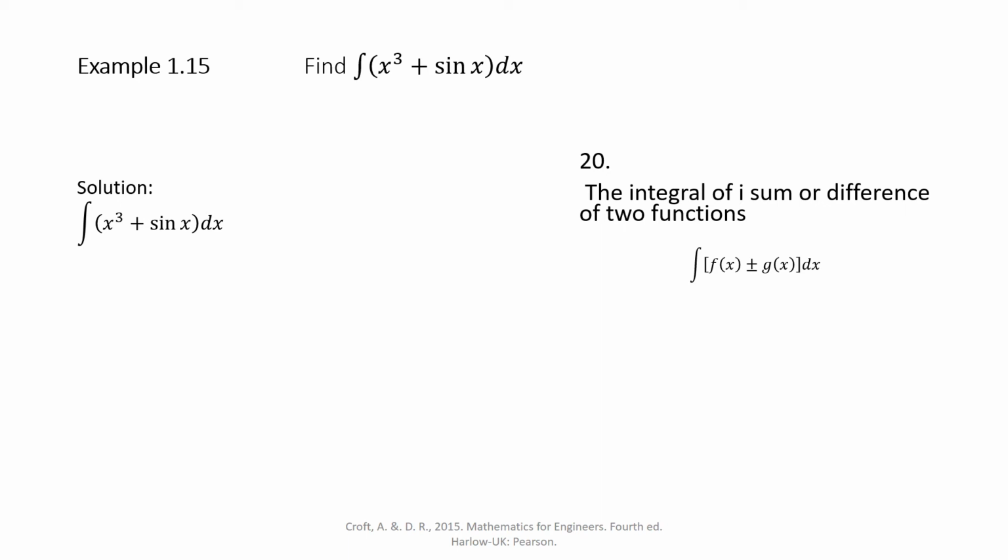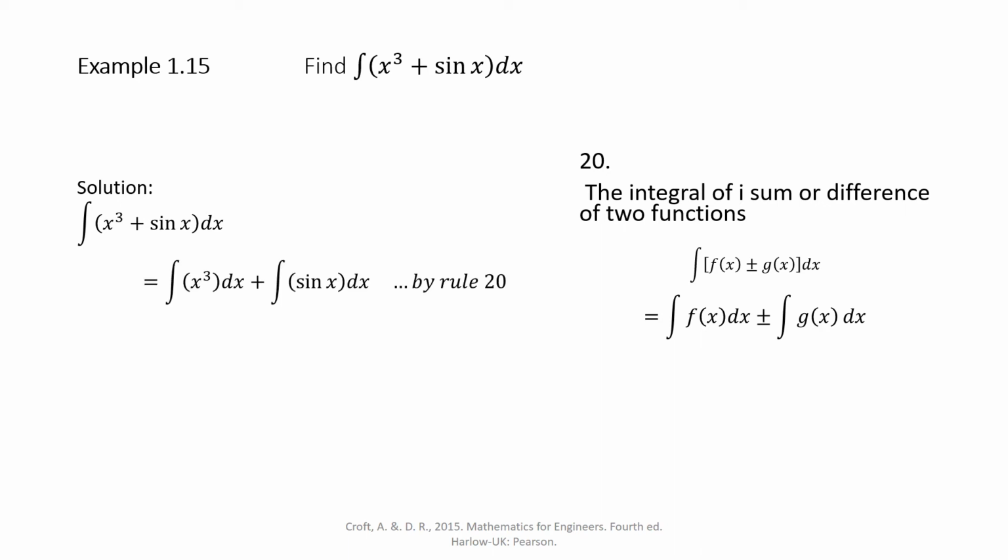There can be plus, there can be minus, two cases, but we have plus in this example. So this will be equal to the sum of two integrals, f of x dx plus g of x dx, because we have plus. If it was minus, then it was supposed to be done as f of x minus g of x integrals.